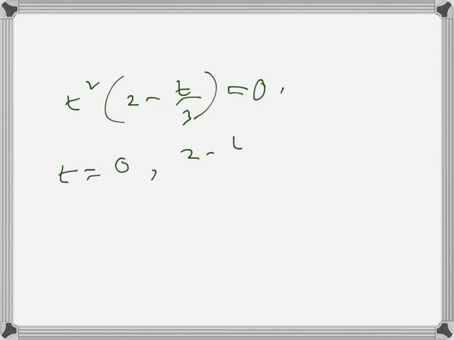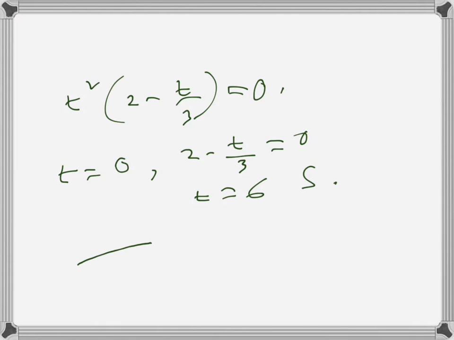So one solution is t is equal to 0. That is, initially the displacement is 0, that we know. The other one is where we find out when it returns back. So 2 minus t over 3 equals 0, which gives t is equal to 6. So after 6 seconds it comes back.